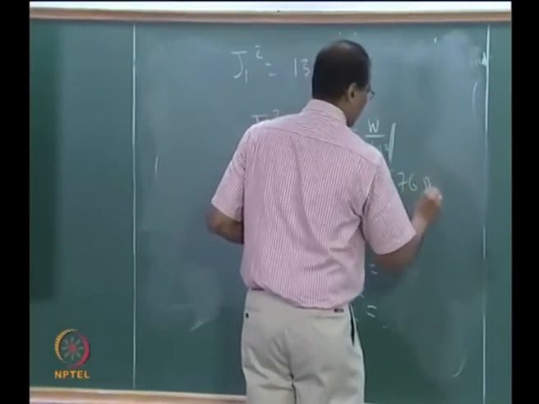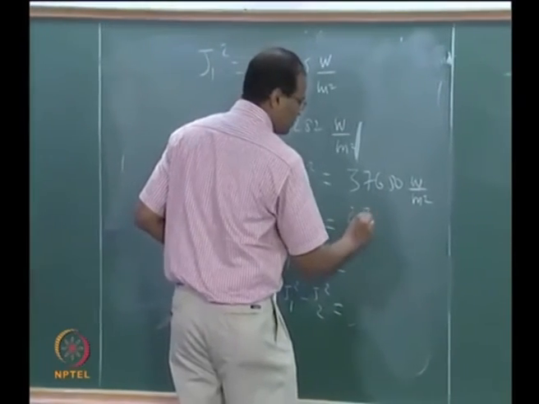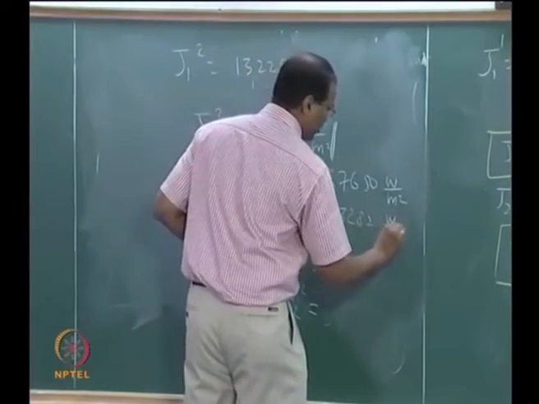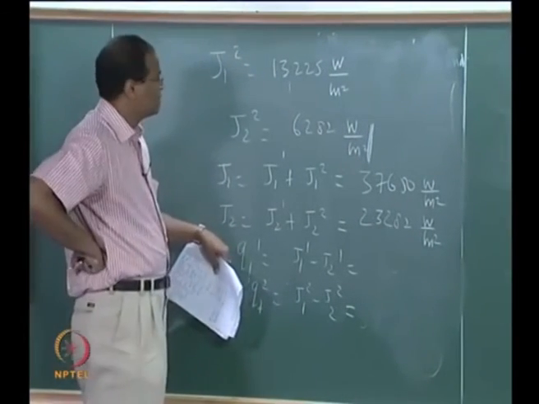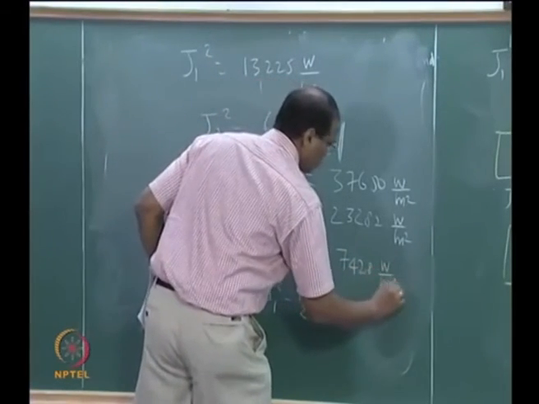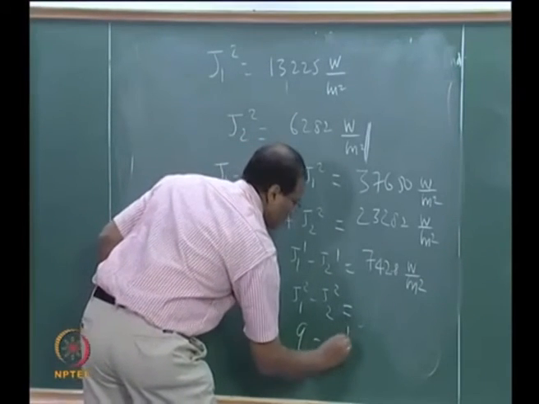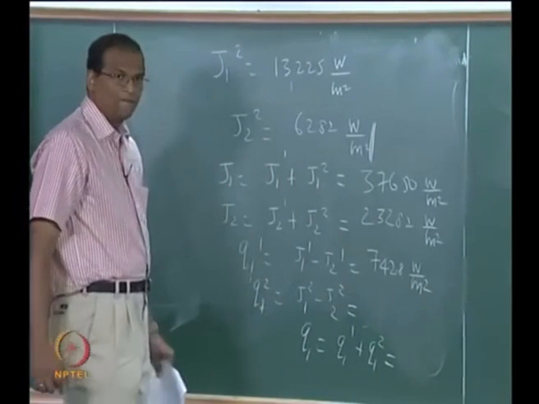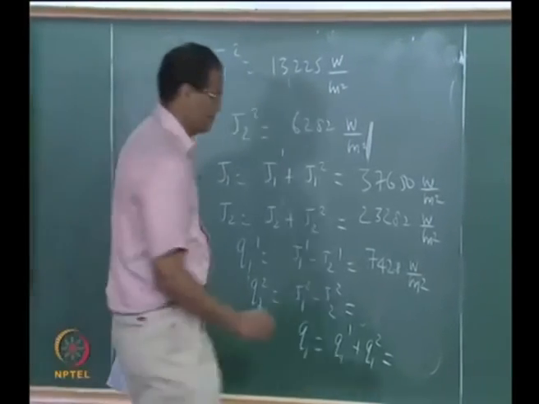Yeah, J2 is 23,282. Yeah, Q1 is 7428. Q2. Q12 is 694.